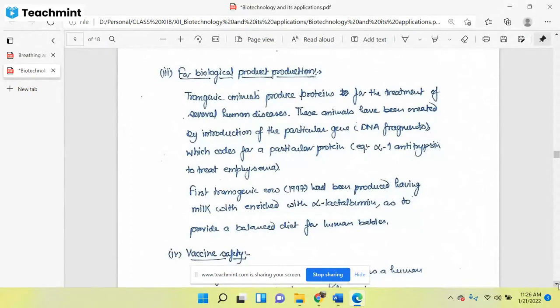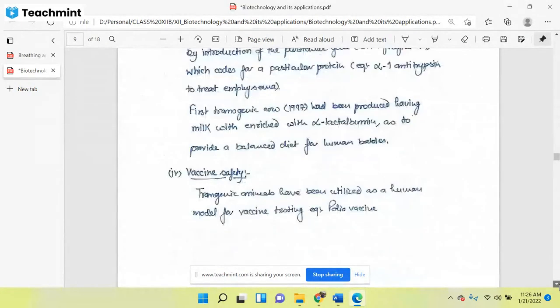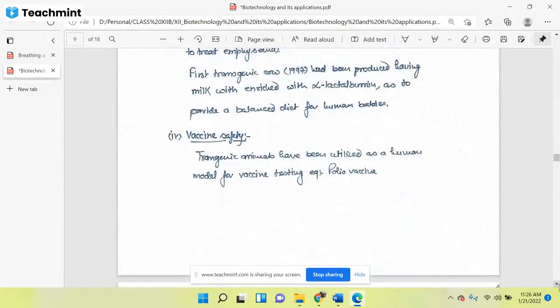Now, vaccine safety is the fourth application of transgenic animals. Here, transgenic animals have been utilized as a human model for vaccine testing, for example for the polio vaccine. Suppose somebody says that the polio vaccine is injected into a diseased person and that person is dying; then we should have a model, because we cannot do the experiment on a human being.